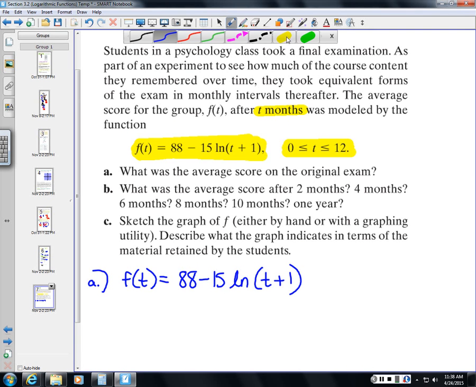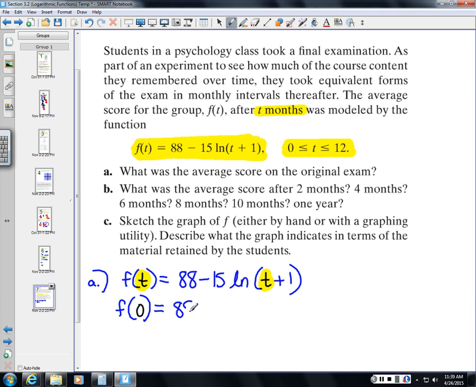If you look at this function, the only variable we have is t, so that's all we're going to have to plug in. On the original exam, no time had passed. They didn't come back after a month, 2 months, 3 months. This was the very first time they took the exam, so we want to evaluate time at 0.